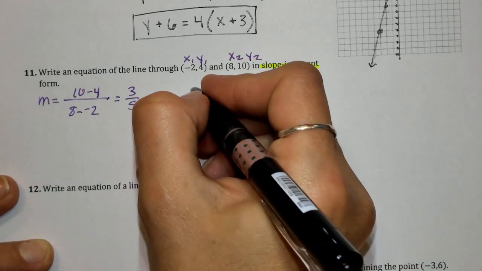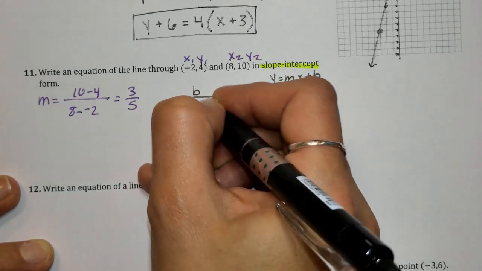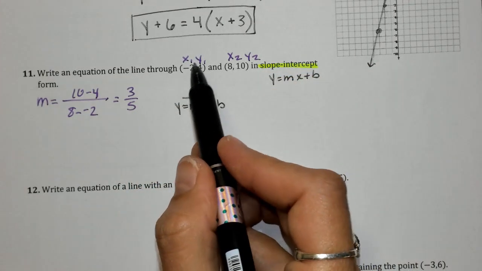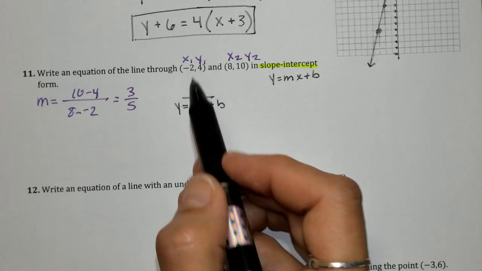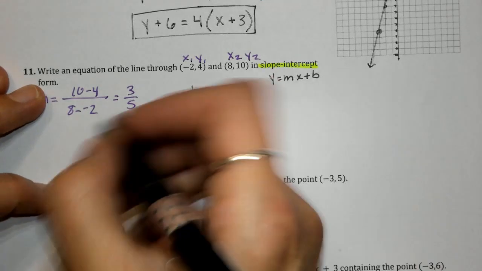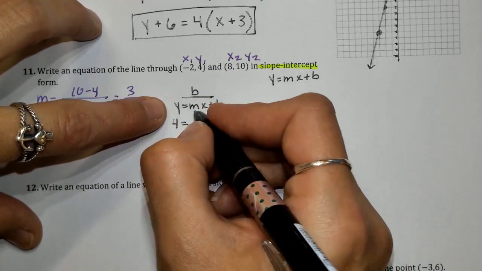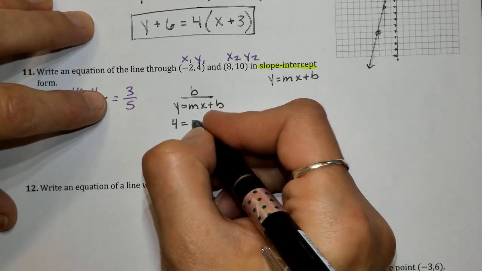Now let's find b. Using our y equals mx plus b, I'm just going to use the x1 and y1. I'm going to plug in the -2 for x. I'm going to plug in the +4 for y. So our y coordinate 4 equals your slope, which we just found was 3/5.